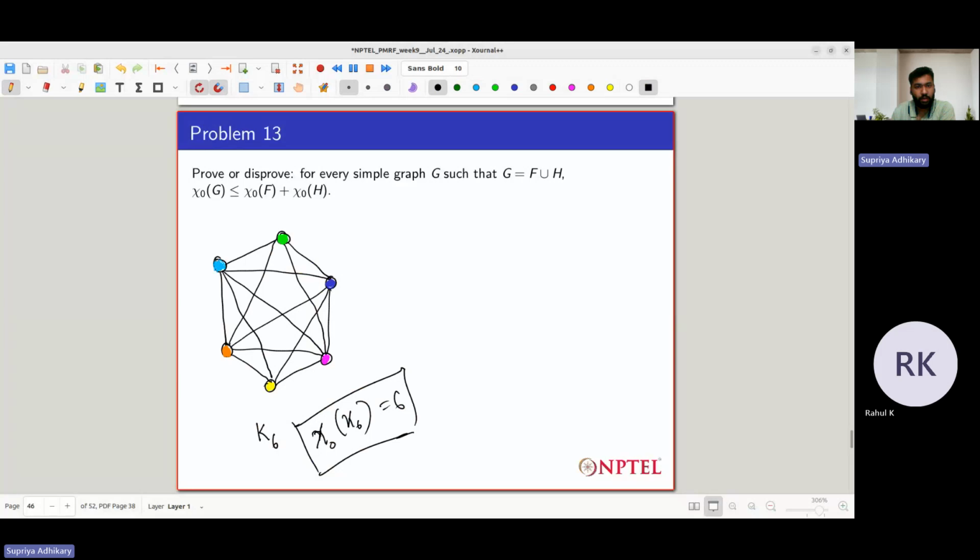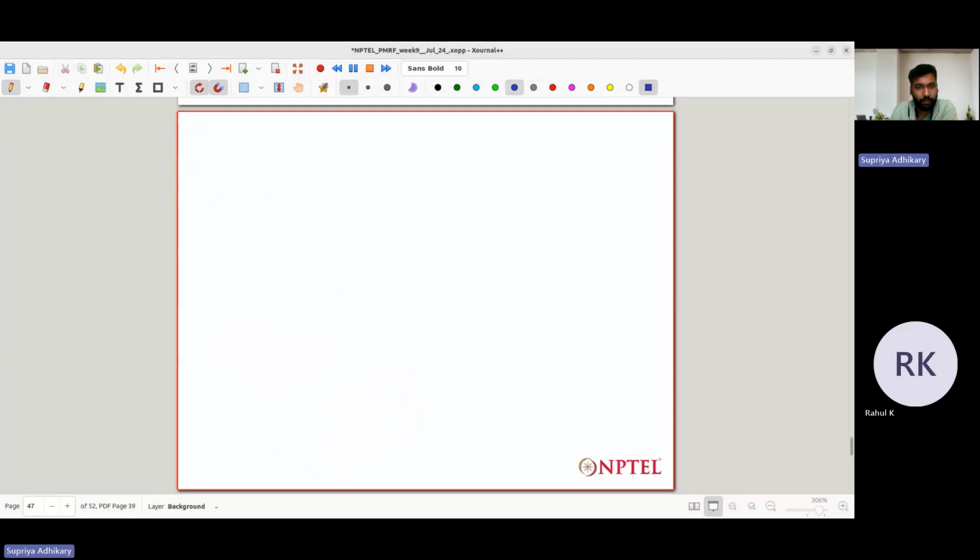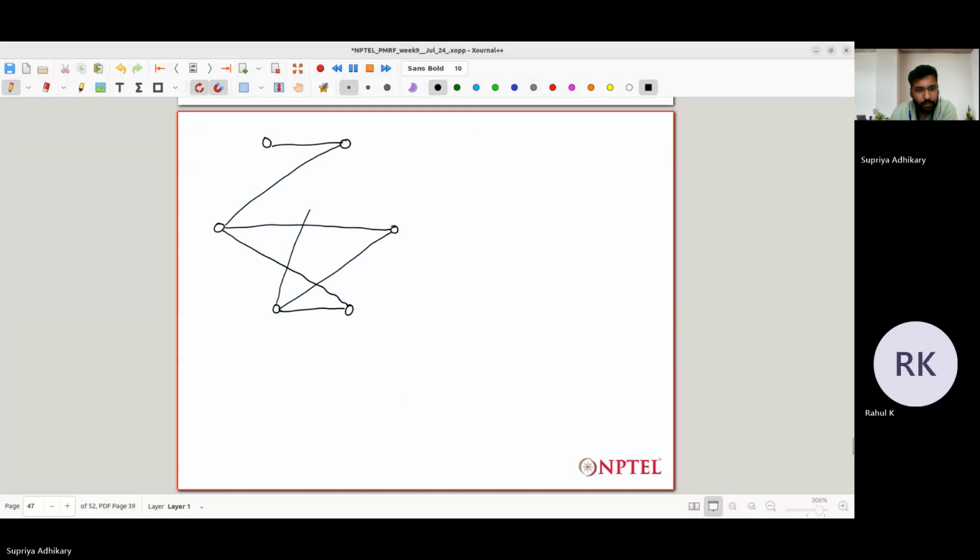Now, what we will do is that we will take two different graphs, F and H. So first, we will consider the graph F. So this is our graph F. So this is nothing but a bipartite graph.